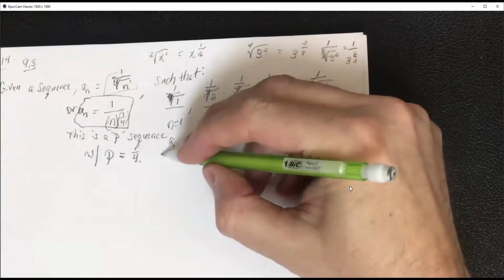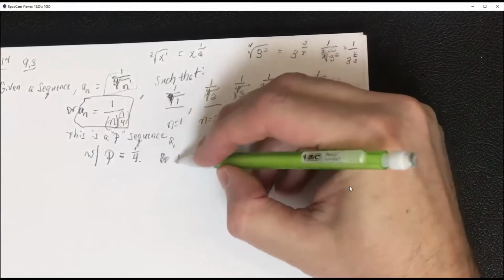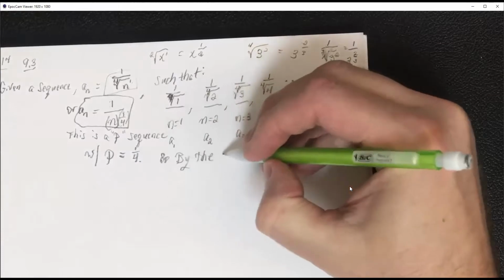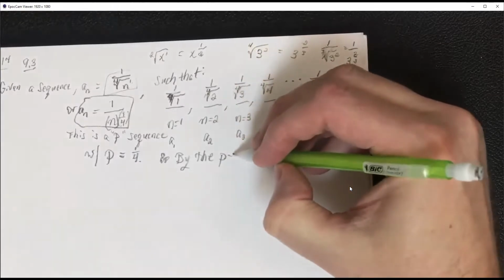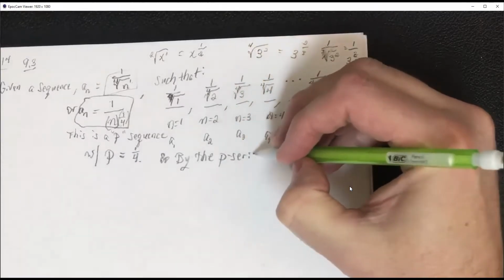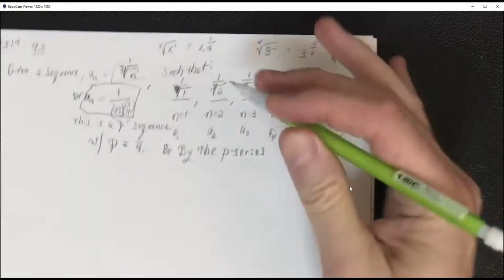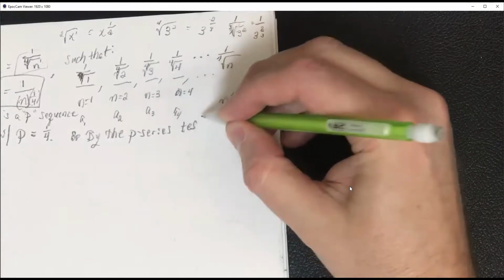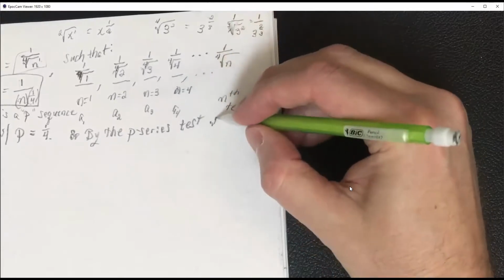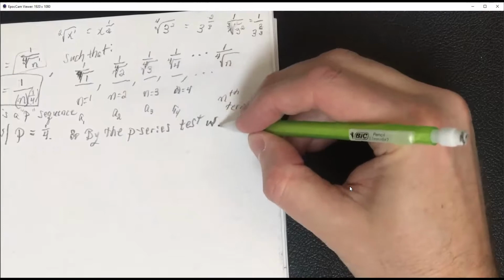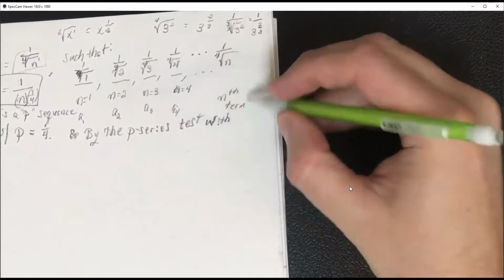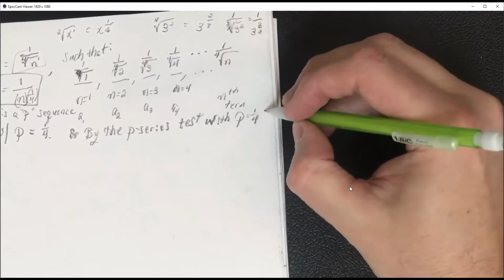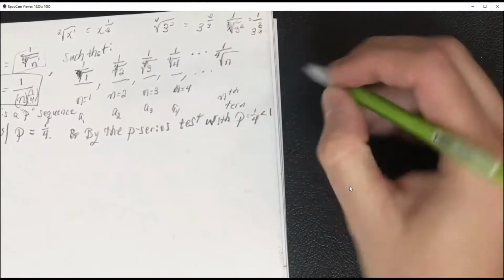Therefore, by the p-series test, with p equal to 1/4, which is less than 1.